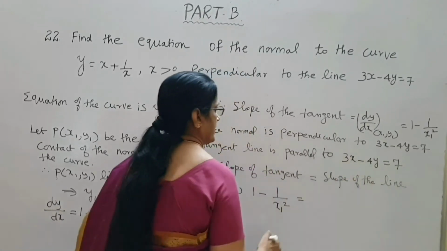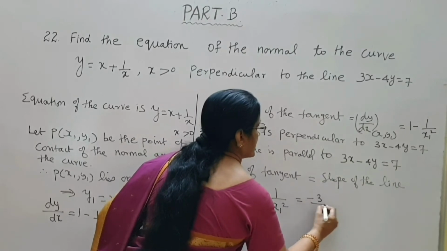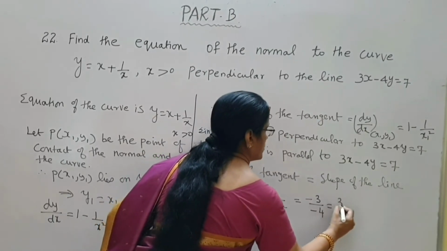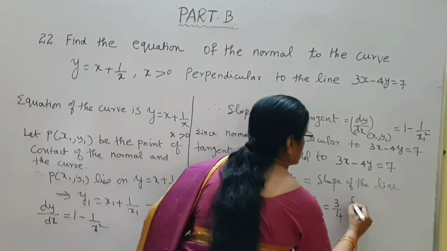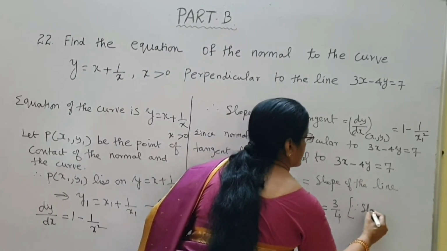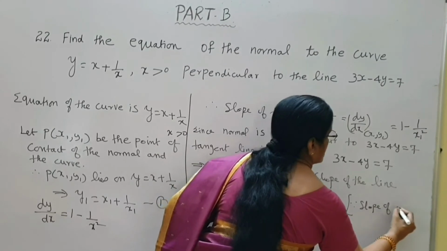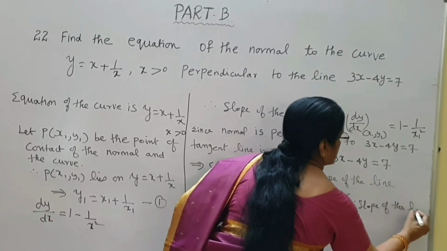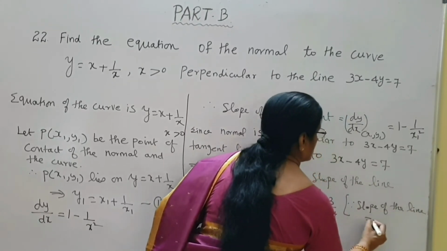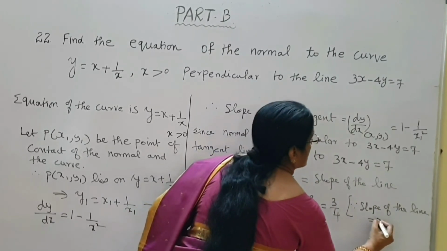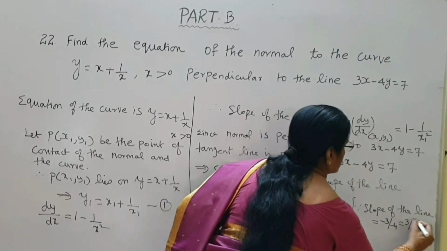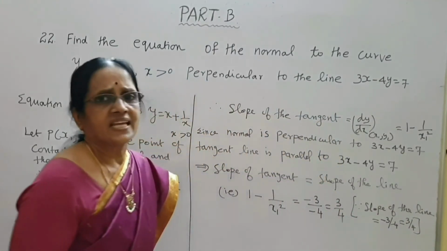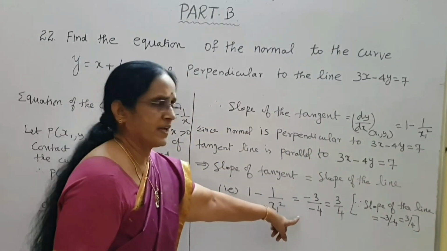Therefore, the slope of the line is minus 3 by minus 4, which is equal to 3 by 4. What's the formula? Minus a by b. That's the formula we made use of.